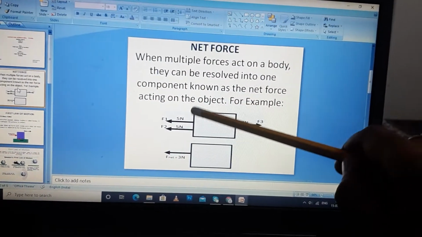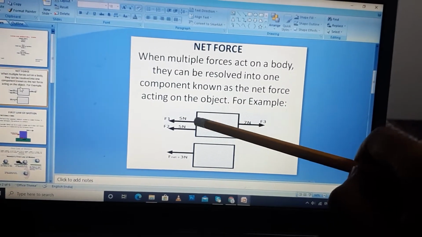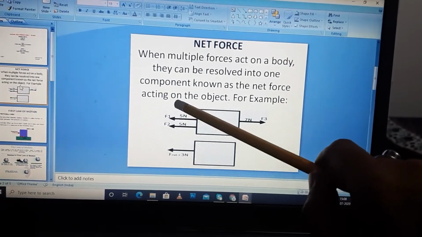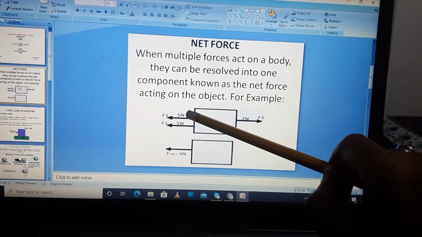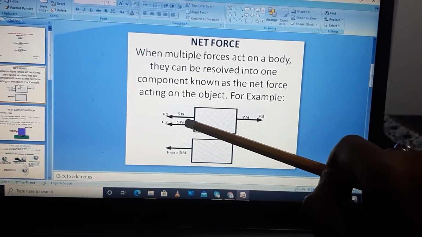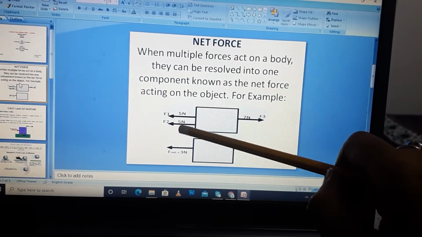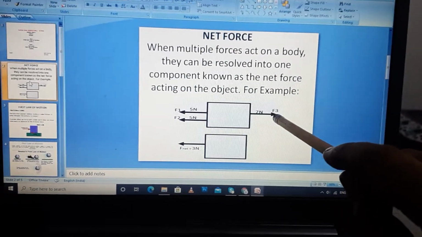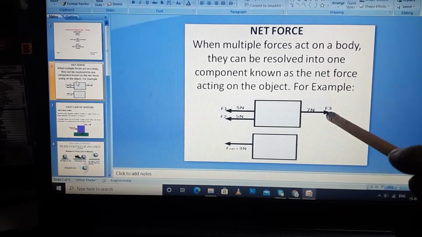As you can see in this object, from here two forces are applied, F1 and F2. F1 of 5 newtons and F2 of 5 newtons. Whereas on the other side another force F3 is applied of 7 newtons.